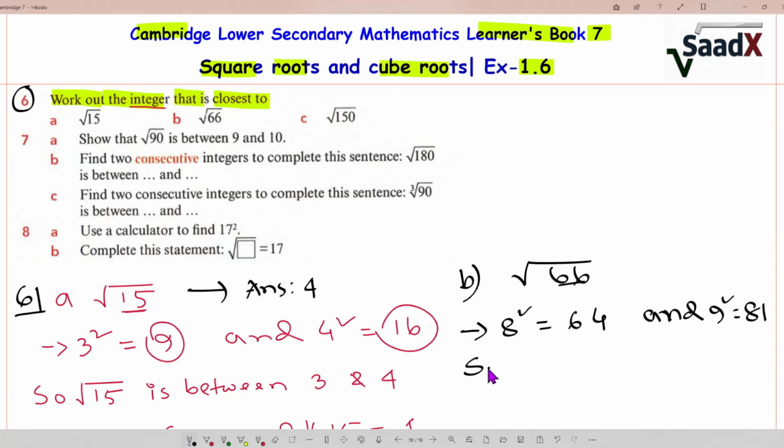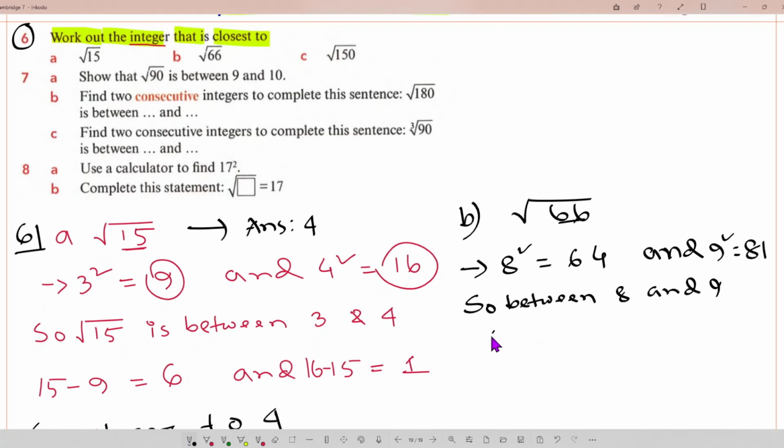So root 66 is between 8 and 9. Now look, 66 minus 64 equals 2 and 81 minus 66 equals what? 15.